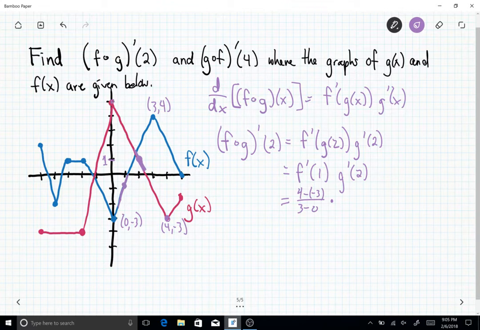And this point right here is 0, 5. So we do the y2 minus y1 thing, and you get -3 minus 5, and then all over 4 minus 0.